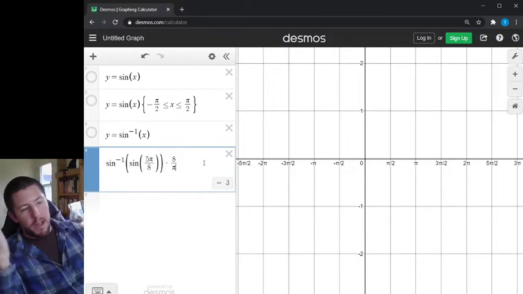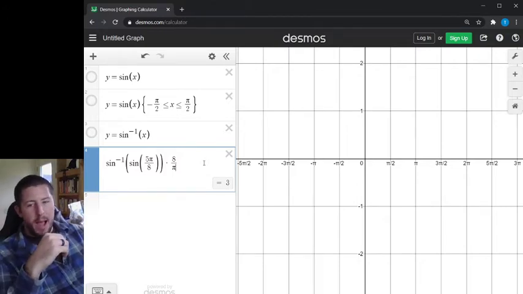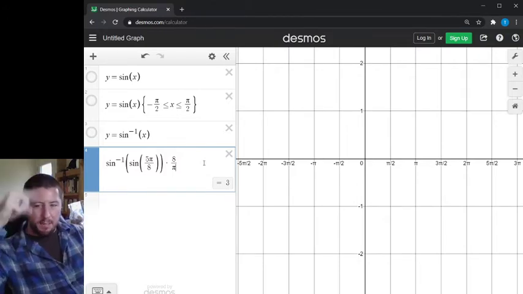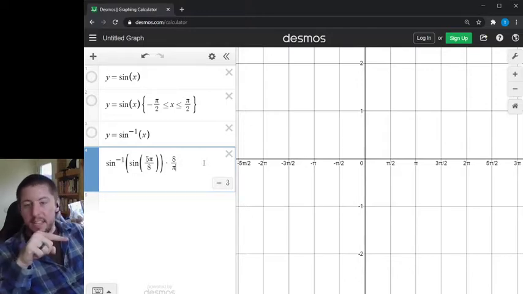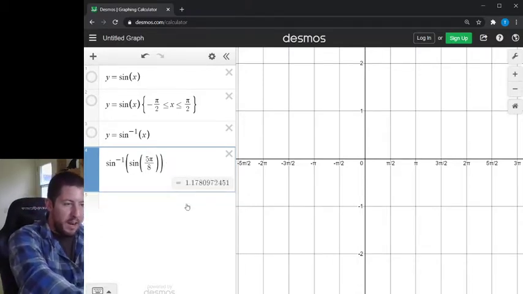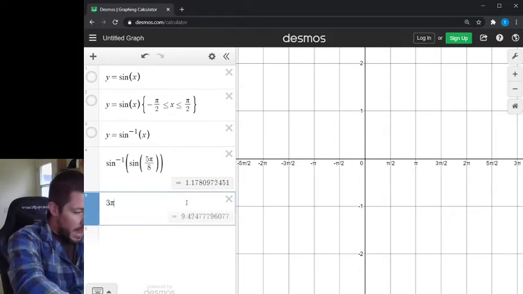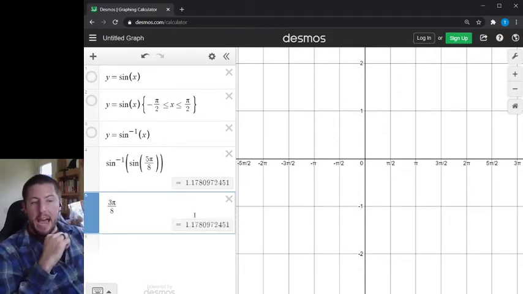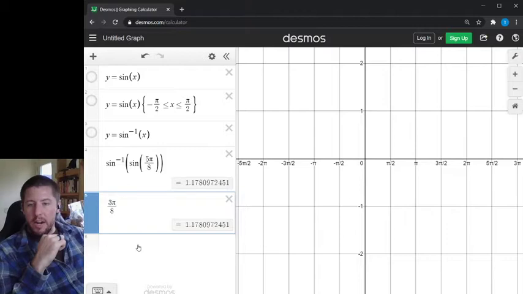Multiplying by pi and 8 and dividing by pi will undo the pi eighths with an 8 over pi. And we'll notice it's leaving us with 3 right there to represent that should be 3 pi eighths that we were actually getting out. Or maybe a slightly easier verification: I can just do 3 pi eighths and we can see that that's the exact same number. So Desmos does agree that sine inverse of sine of 5 pi eighths is in fact 3 pi eighths.